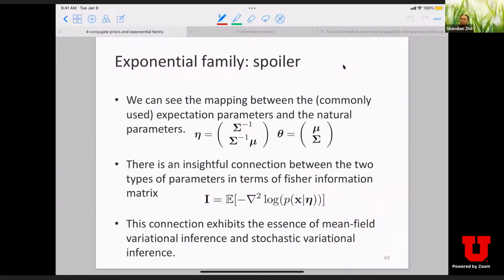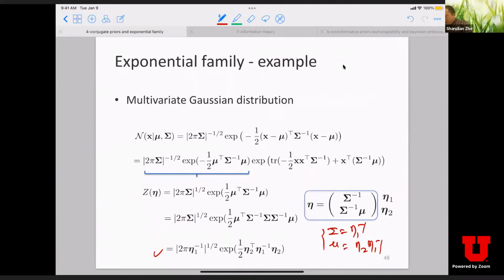Okay. So again, from the multivariate Gaussian distribution, we can see the difference between the commonly used form and the exponential form. In practice, in most cases, we use mu and sigma, which are called mean parameters, to represent a Gaussian distribution.